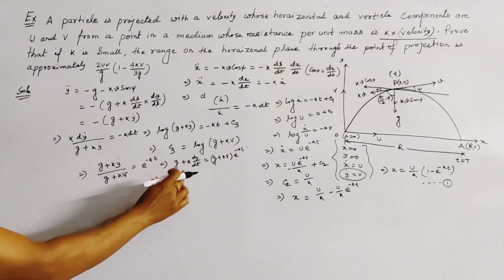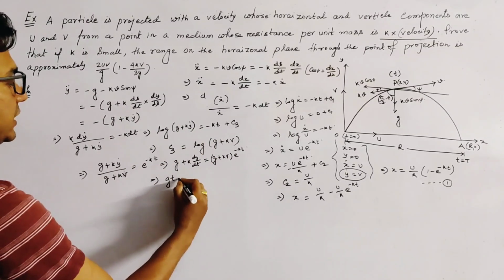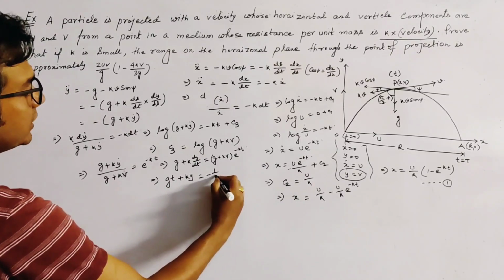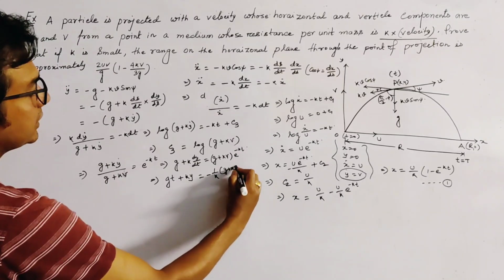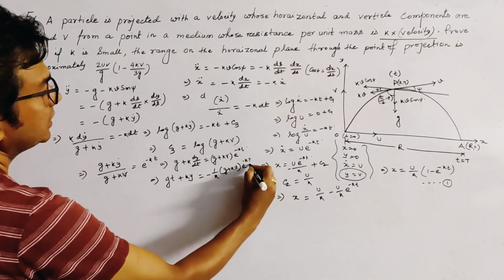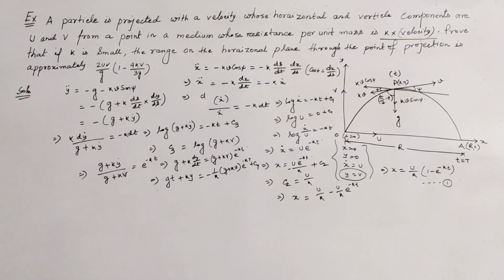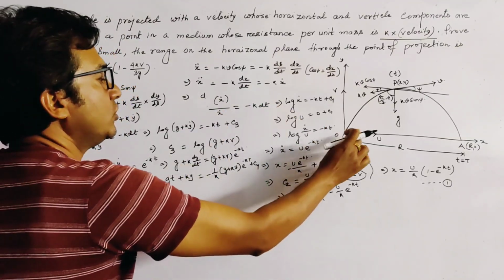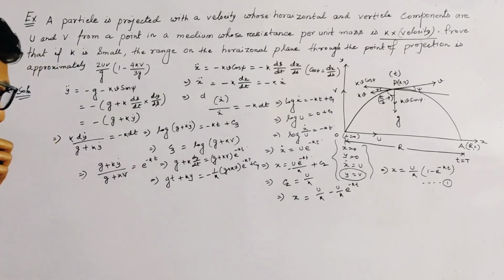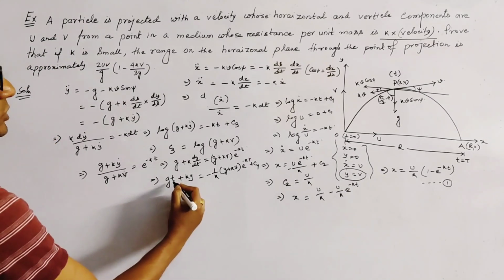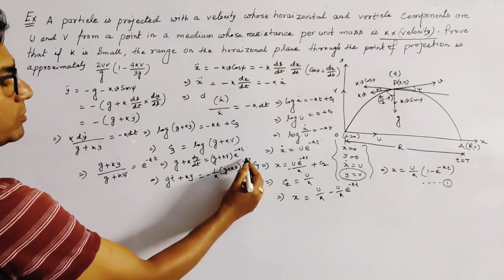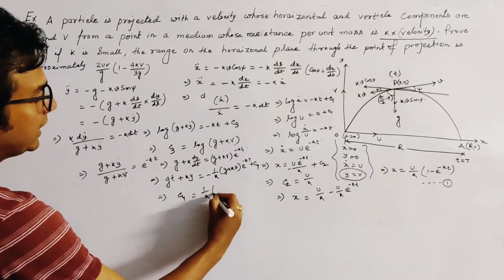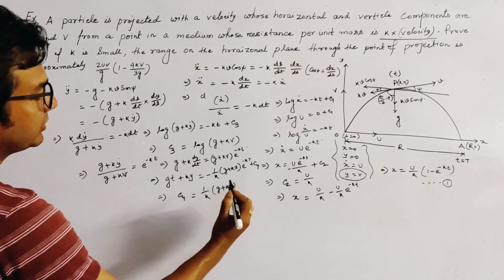Now again integrate this relation and get gt plus ky equal to minus 1 by k into g plus kV into e to the power minus kt plus c4. Now we again use the initial condition, t equal to 0, x equal to 0, y equal to 0. With t equal to 0, e to the power 0 is 1, so we get c4 equal to 1 by k into g plus kV.